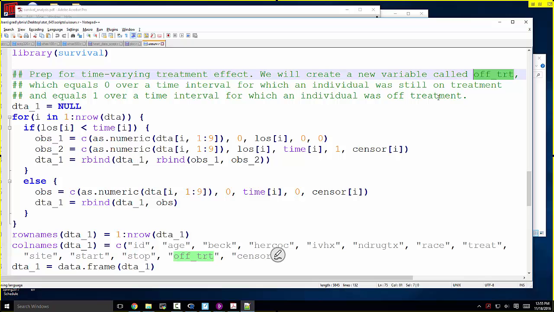So if you drop out of the treatment program and you're not coming as you're expected to, you're going to have this covariate OffTreat that turns on. Each individual then has the potential to have this variable equal to 0 for part of their time in the study, and then equal to 1 for the latter part of the study. It's a time-dependent covariate because it can be one value at the beginning and then change values towards the end.